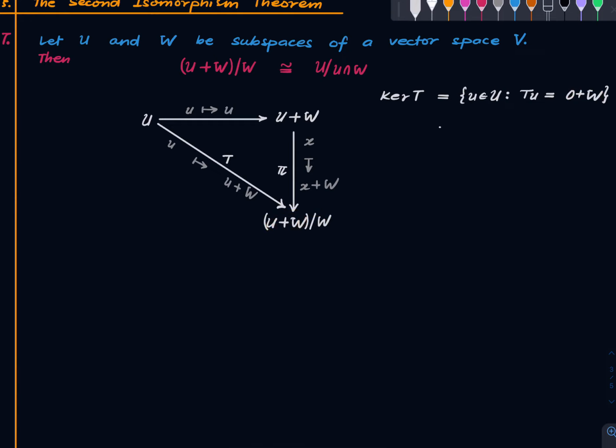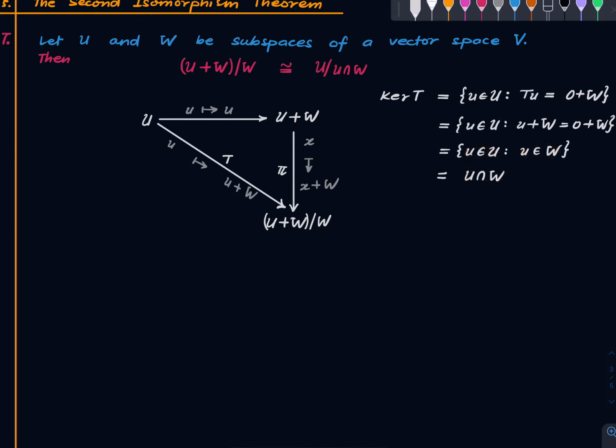But since we know the description of T, this is the same as asking, when does this happen? Which is the same as those things in U such that u belongs to W. Which is the same as U intersection W, because it just reads those things in U which are also in W. So that's precisely the intersection of U and W.